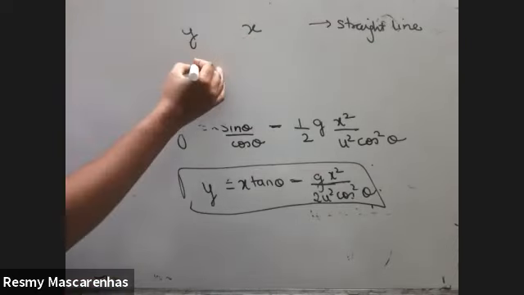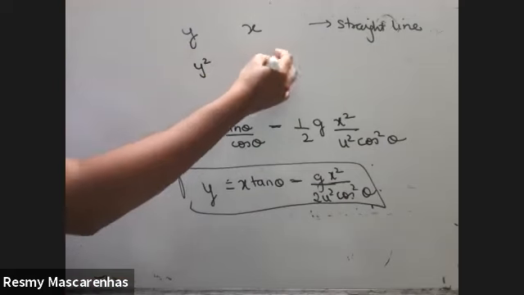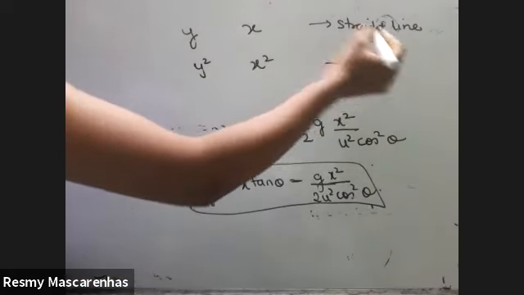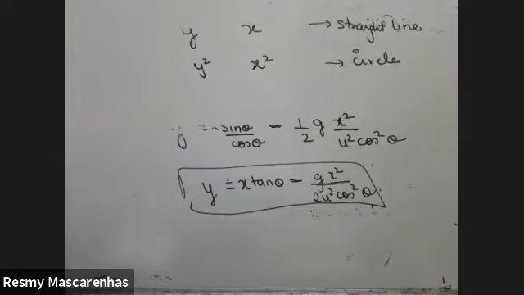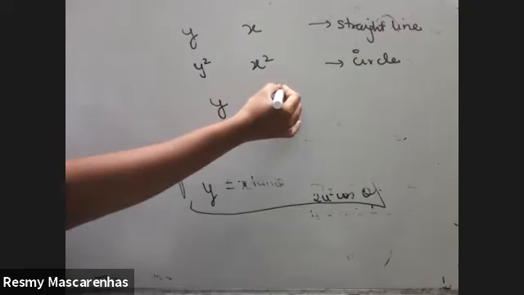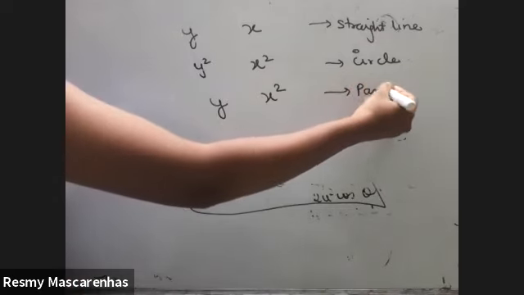If you have both squares, then it is always a circle. If you have single y but x square, then it is always a parabola.